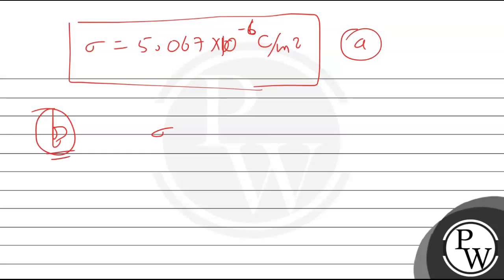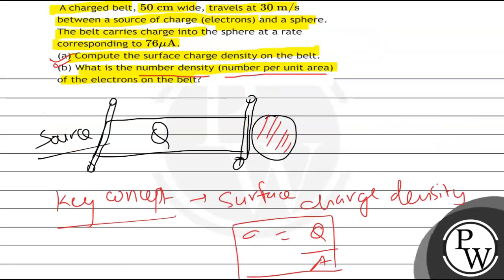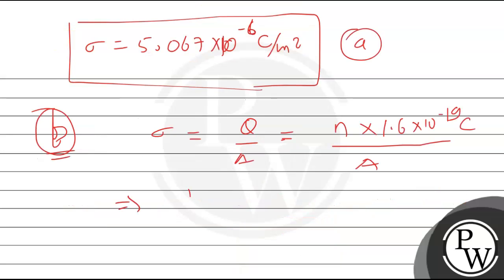Sigma can be written as Q upon A. Total charge can be written as total number of electrons into the charge of one electron, that is 1.6 into 10 raised to power minus 19 coulomb, upon area. Here we need to find out the number of electrons per unit area. It can be written as sigma upon 1.6 into 10 raised to power minus 19.